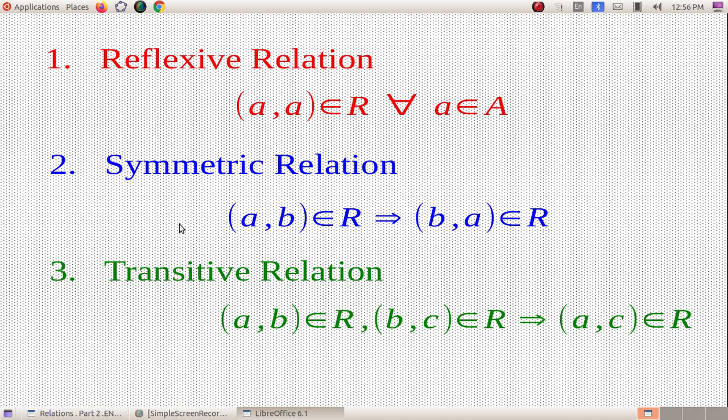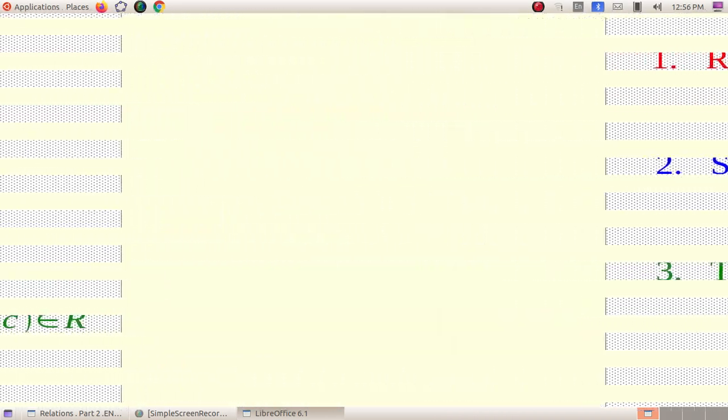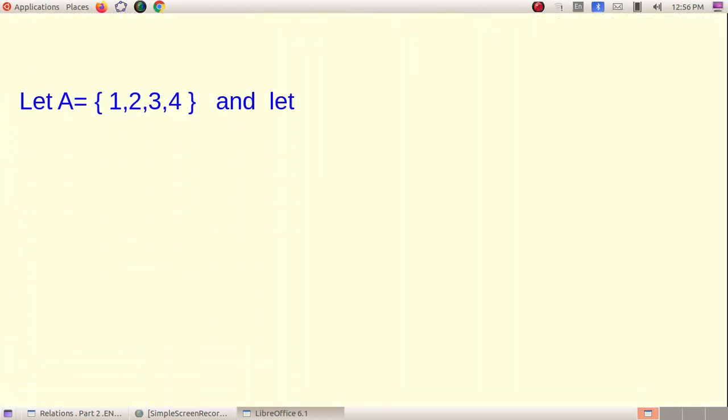Today, we are going to learn the fourth type of relation. For that, listen carefully. Here there is a set capital A containing four elements 1, 2, 3, 4.